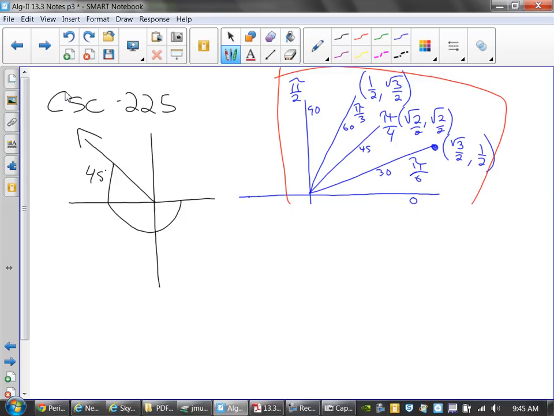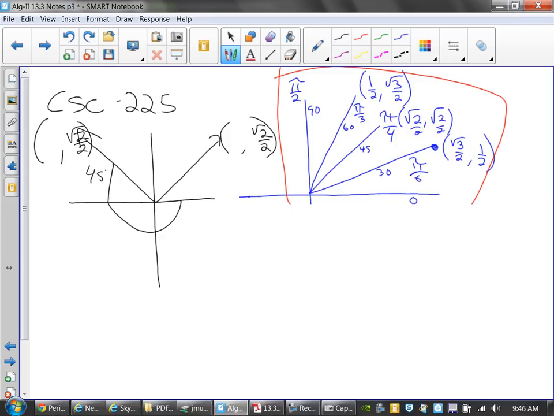Now, this is mirroring the same properties of a 45-degree angle. If I'm in quadrant 1, what is the inverse function of cosecant? Sine. So what I'm going to do here is look at my quadrant 1 stuff for sine. My sine value was √2 over 2. Which means the sine value in quadrant 2, does it stay positive or negative? It stays positive, so it's going to be something √2 over 2.